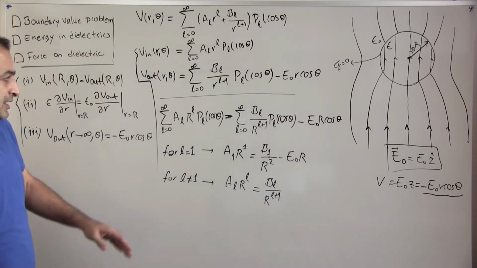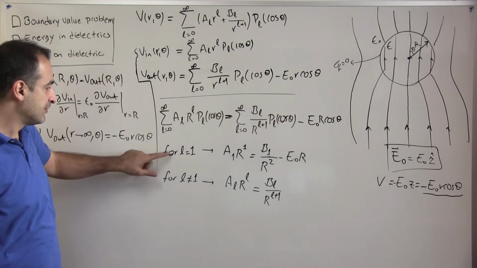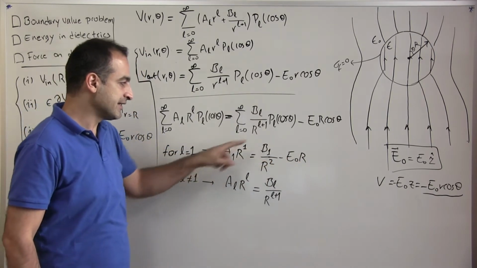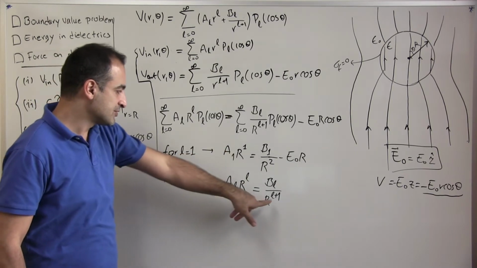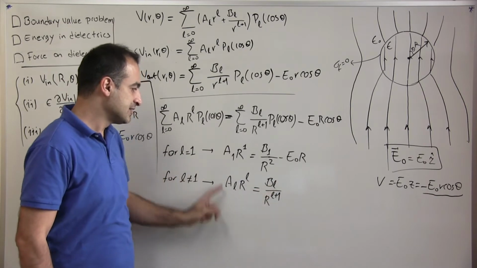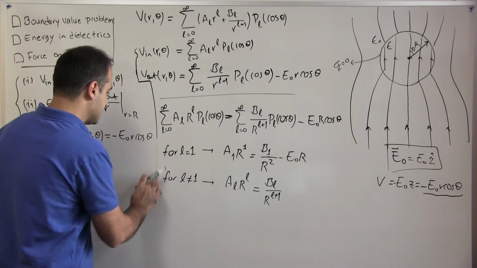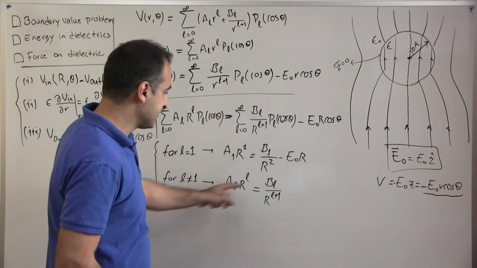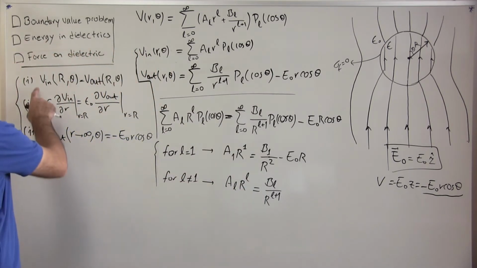So in order to match these, we need to make sure that for L equals 1, the relationship between A1 and B1 is like this. And for the rest, we need to make sure that all the AL values match BL values based on this. So these are the two conditions that we get for A1, B1, and the rest of the AL values. This is from boundary condition number 1.